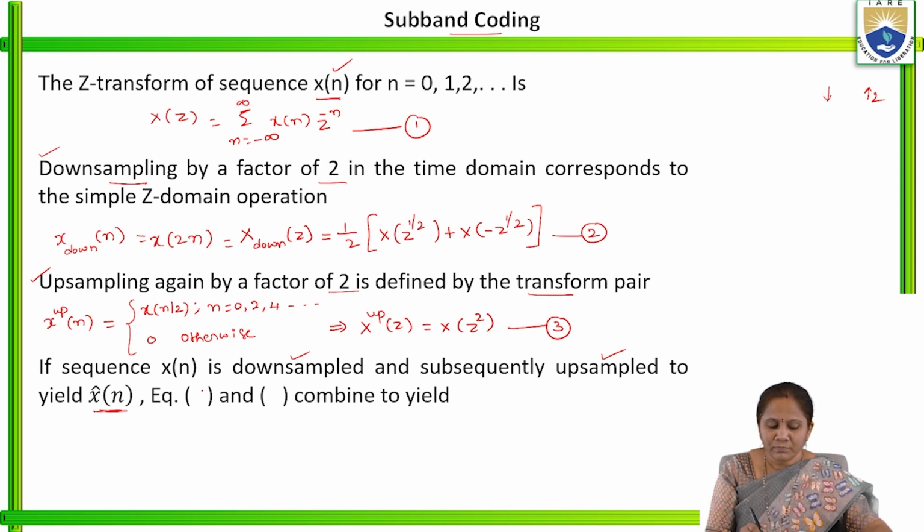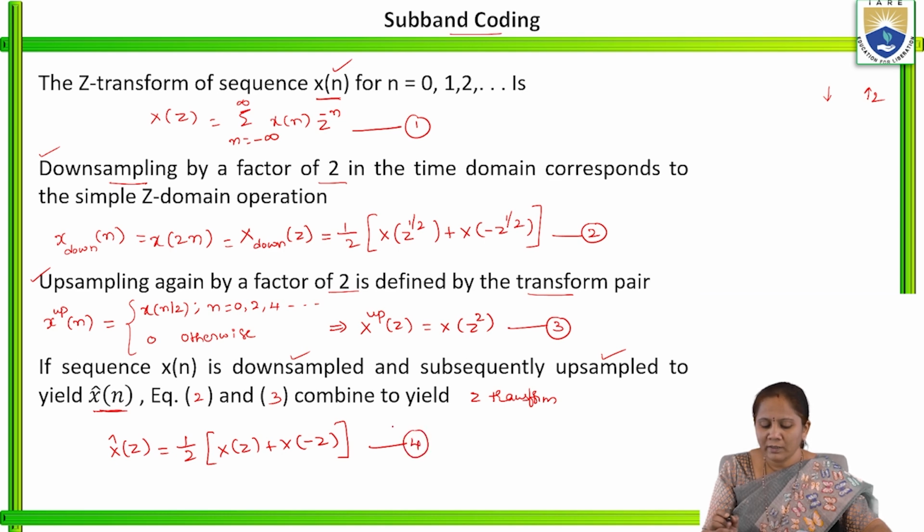Combining them, we get the output x cap of n, and in terms of the Z transform, x cap of Z is equal to 1 by 2 of x of Z plus x of minus Z. Consider this as equation number 4.